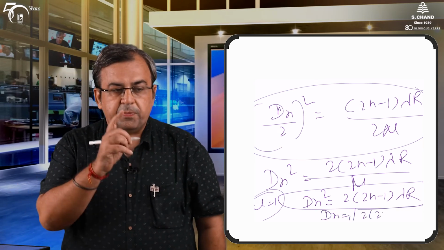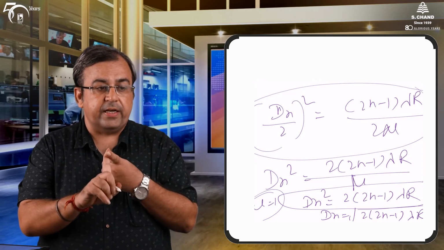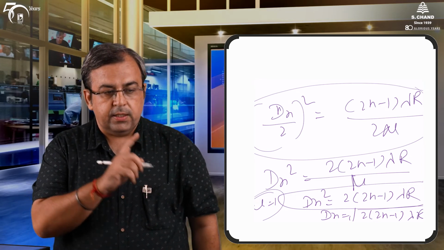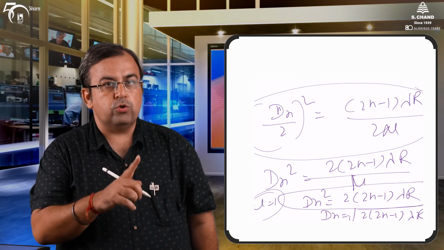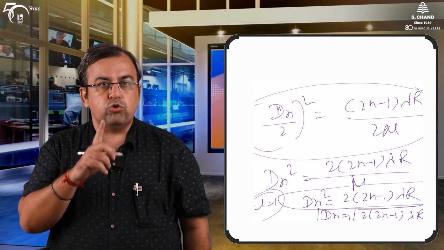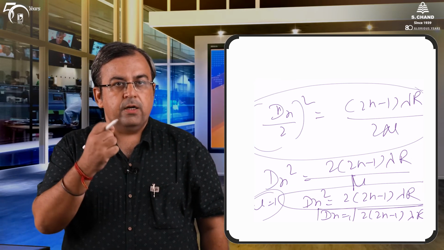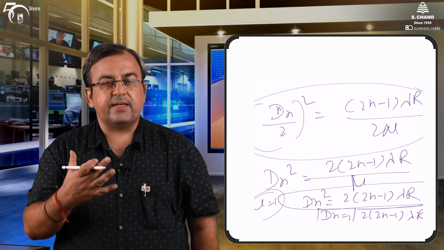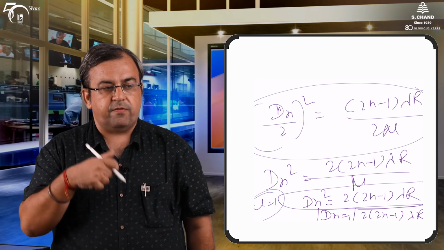So it means when we are talking of the radii of the nth bright ring, it is dependent on what? If you see this equation, Dn is equal to under root 2 lambda R under root (2n minus 1). So if I ask a question from all of you, what is the factor which is responsible for the diameter of the bright ring?